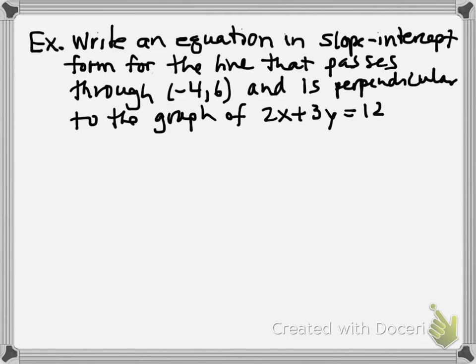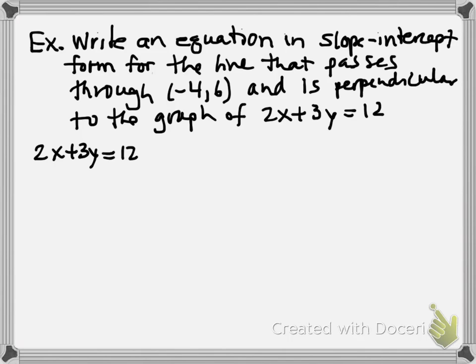Okay, what's job number 1 in this equation? Yeah, we have to take the equation that our line is perpendicular to and figure out its slope so that we can figure out what our slope is. So I'm going to take that 2x plus 3y equals 12. What's the best way to figure out slope? Slope-intercept form.